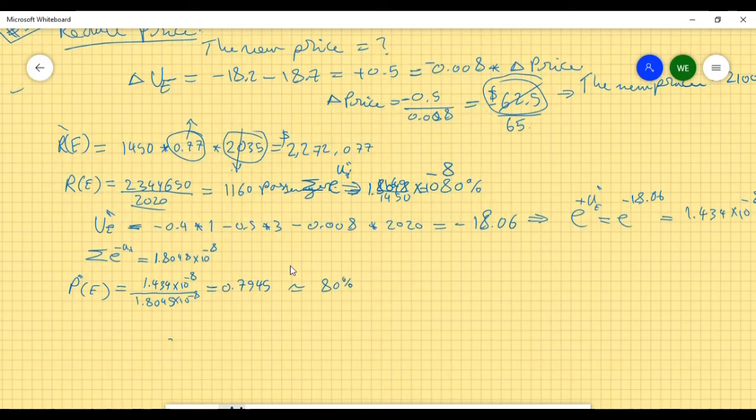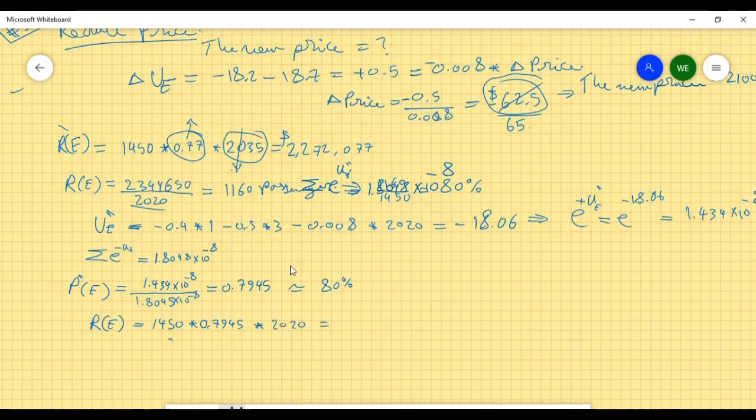Okay, let's check now the new revenues. It will be basically 1450 multiplied by 0.7945 multiplied by 2020.